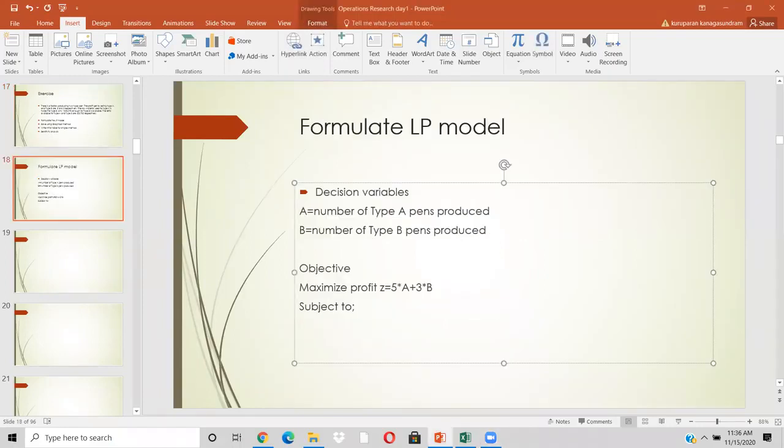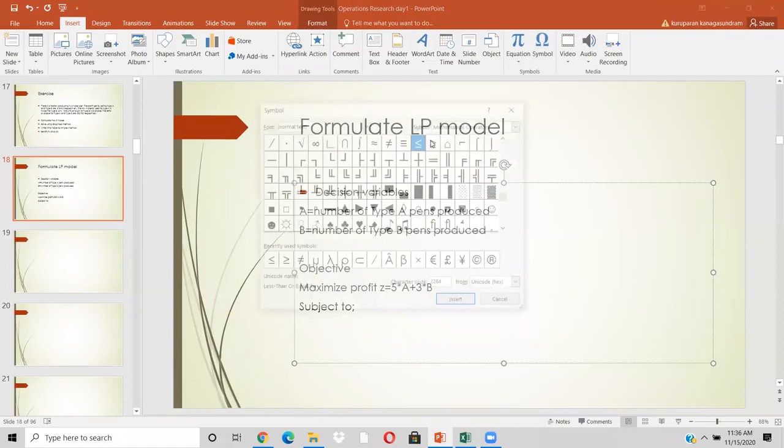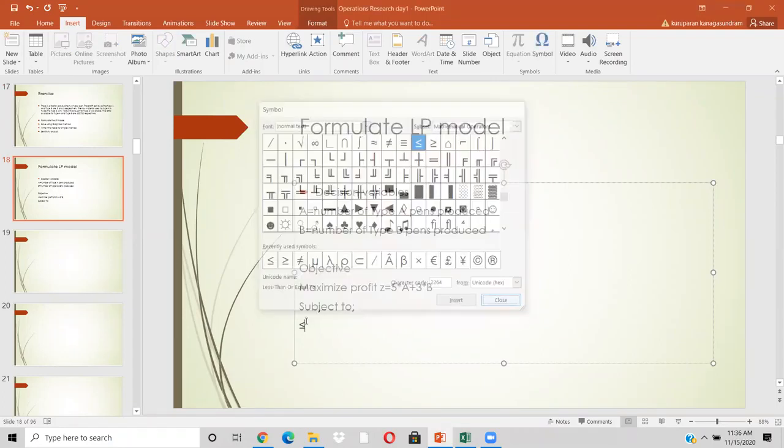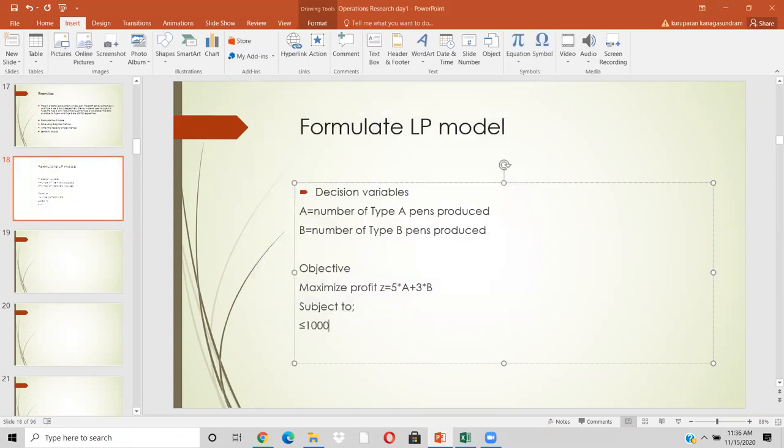How many units of raw material do we have? That's 1000. Is it less than or greater than 1000? Less than, because the maximum amount we have is 1000 units.